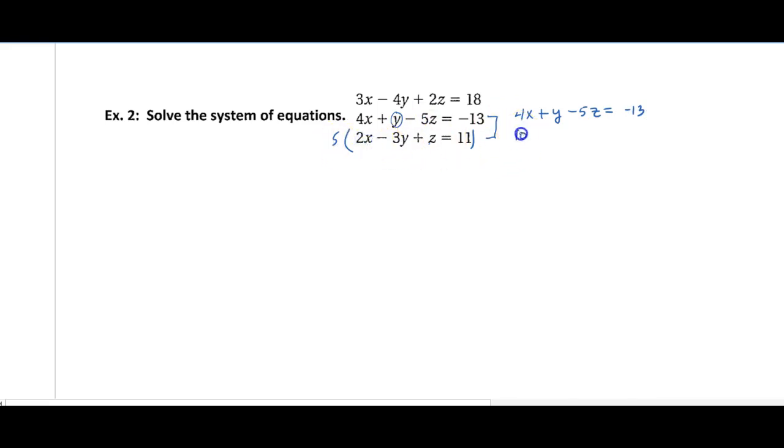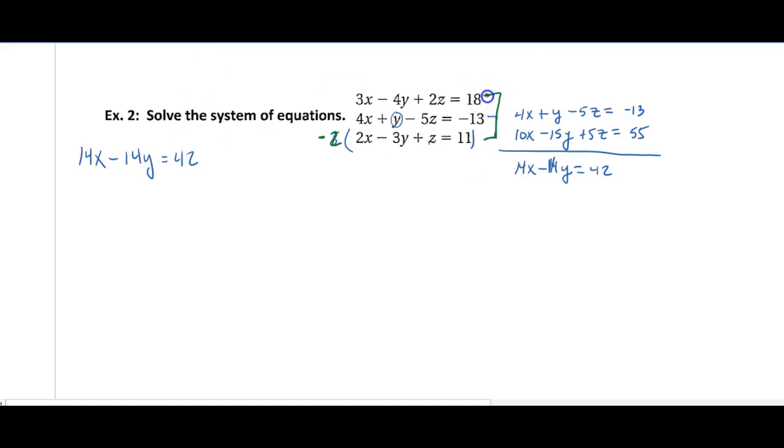Then 5 times 2x is 10x minus 15y plus 5z is equal to 55. When I add these together, I get 14x minus 14y, sorry about that, equals 42. So right now I'm going to bring that over here: 14x minus 14y equals 42.